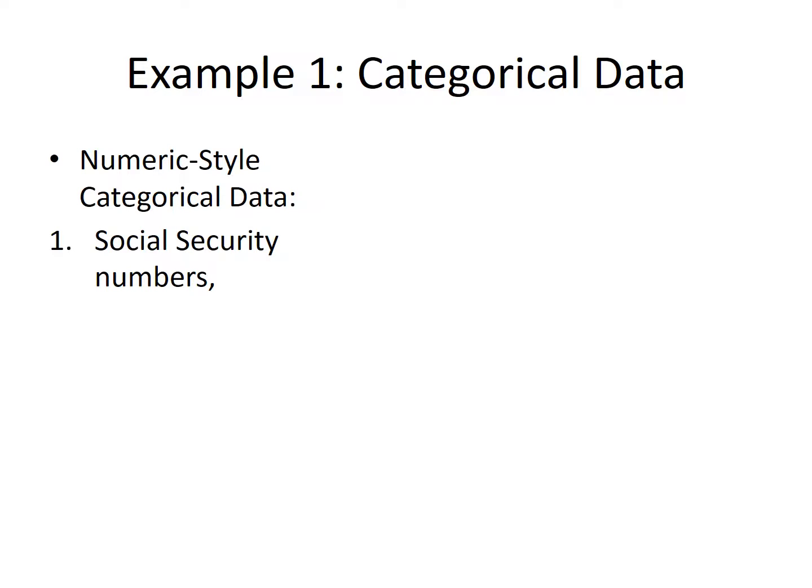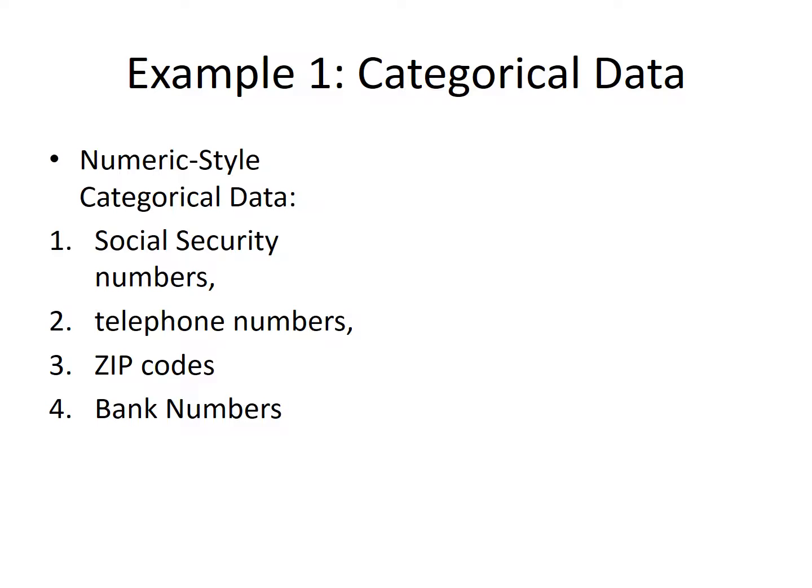Here's an example of categorical data. For numeric style categorical data, we could have Social Security numbers, telephone numbers, zip codes, or bank numbers. Notice that each one of these have numbers associated with them, but they all perform some kind of labeling function.